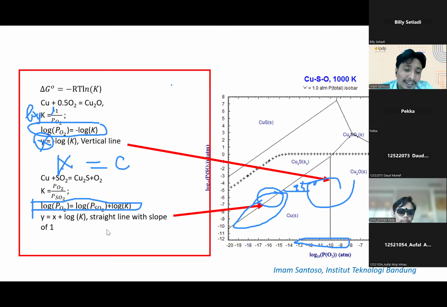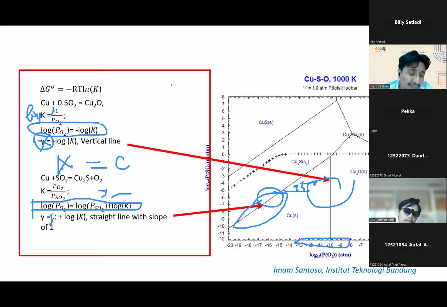Okay. Remember, log PSO2 is Y, and this is A, and this is constant. So you will get this equation at the end of the day. You can see here, this is a straight line with the slope.